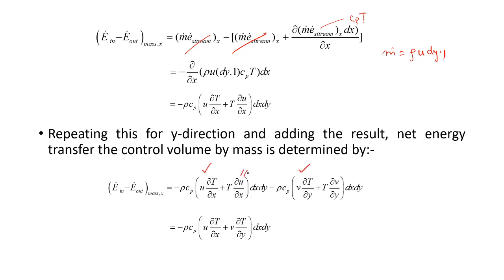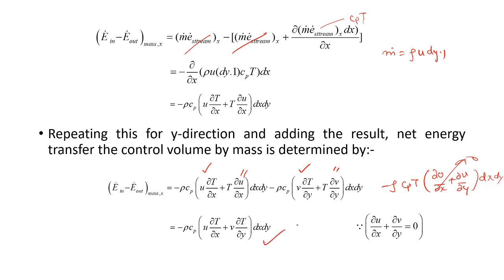If we take these two terms, rho Cp will be common, temperature is common, and the remaining is del u by del x plus del v by del y, dx dy. Because of the continuity equation, this is equal to 0. So it is cancelled out and we are left with minus rho Cp bracket u del T by del x plus v del T by del y bracket close, dx dy. So this is the energy interaction due to mass.